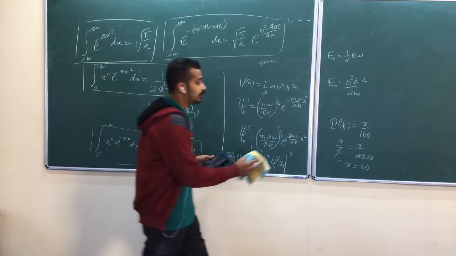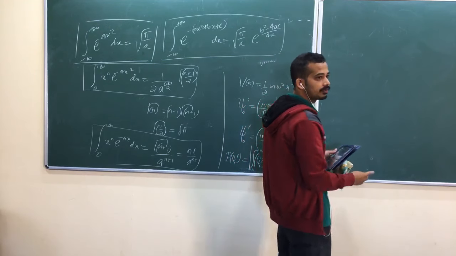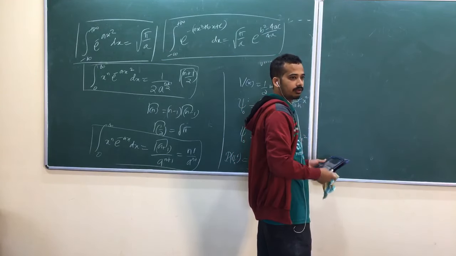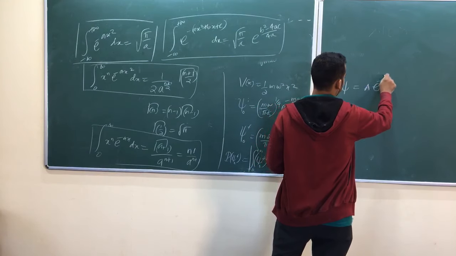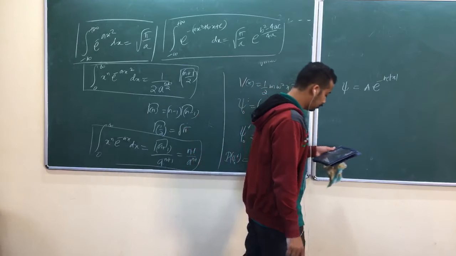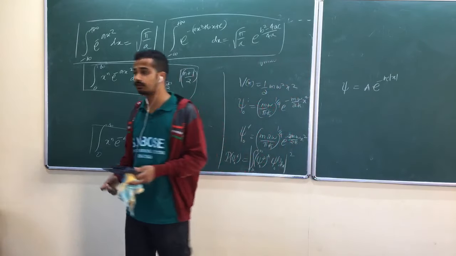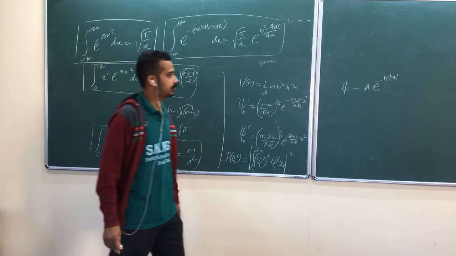Energy eigenvalue. Now look at here. If you have remembered the wave function of the Dirac delta function well, then this question is nothing. Some a e raised to minus k mod x, it is of this form. Now look at here. He may be expecting us to go for the Schrodinger equation. Why would you do that? We already studied that very well.